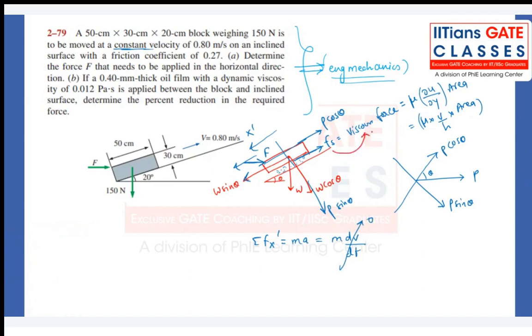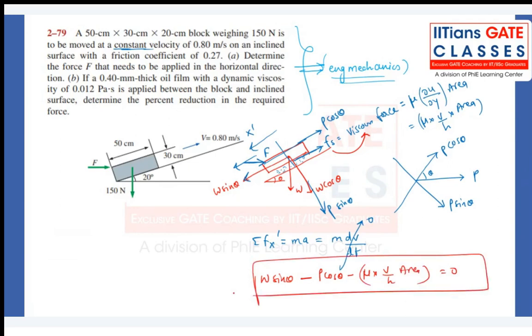That's it. Apart from it, you need to know everything about engineering mechanics, right? So here: W sin theta minus P cos theta minus the viscous force, that is mu into V by H into area, has to equal zero. That's it. From here you will get the force P, or whatever the F is, right?